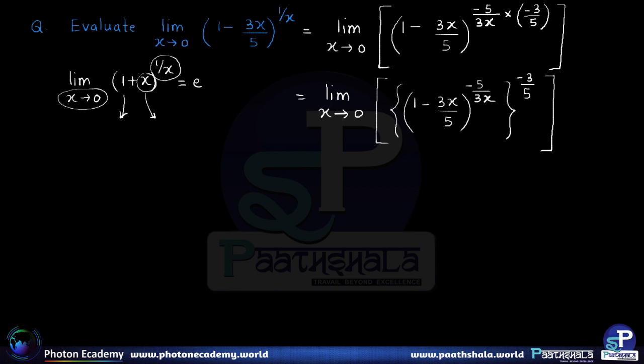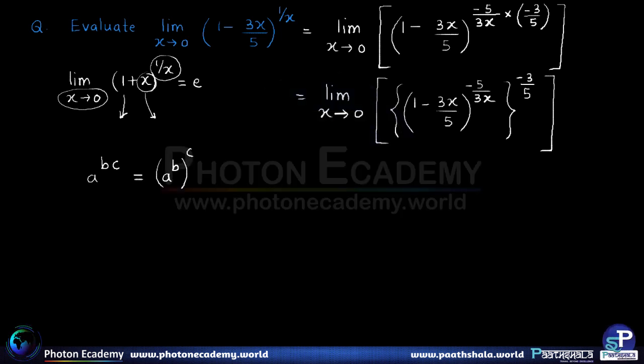Correct? That is simply because a raised to b into c is same as a raised to b whole thing raised to c. Okay, so we are just writing in the same way. So now if you observe this curly bracket, it is exactly of the form which we want for using the standard formula, right?